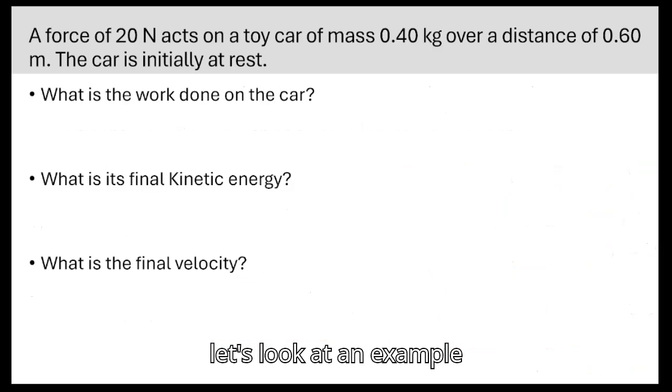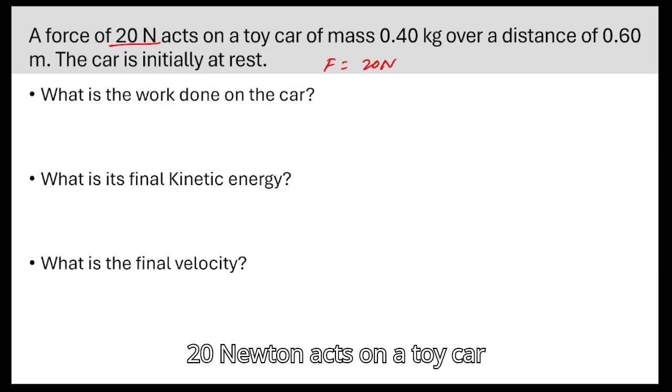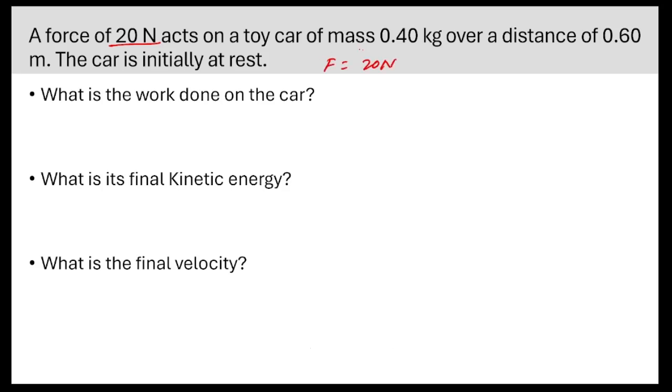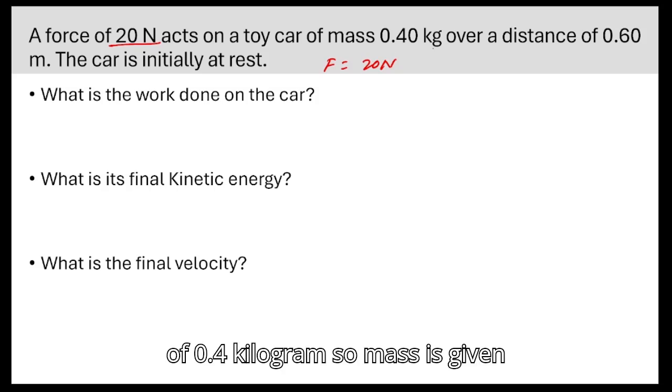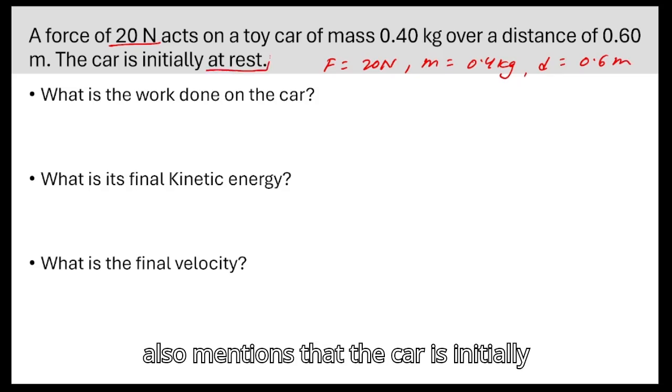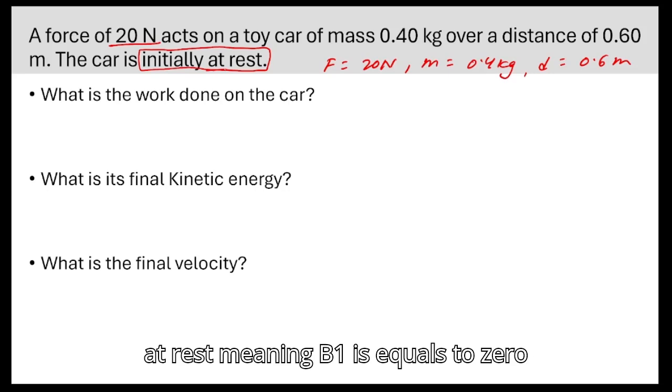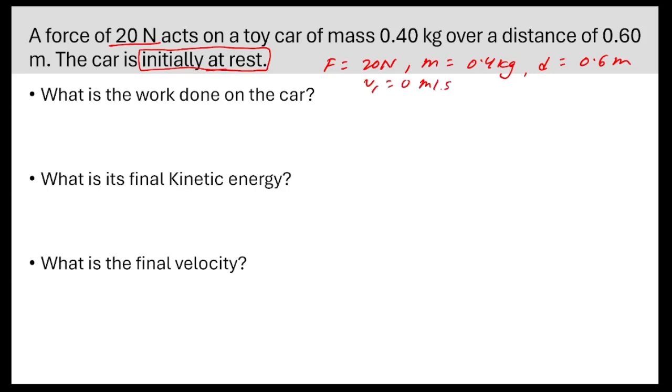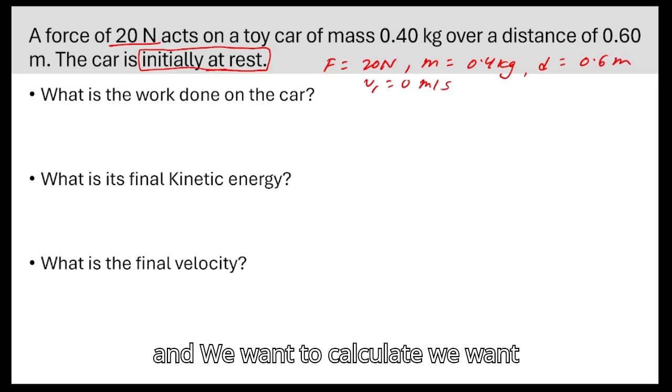Let's look at an example. A force of 20 Newton acts on a toy car. The mass is 0.4 kilogram, and the distance d is 0.6 meter. It also mentions that the car is initially at rest, meaning v1 is equal to 0.